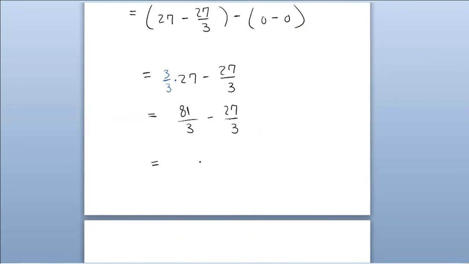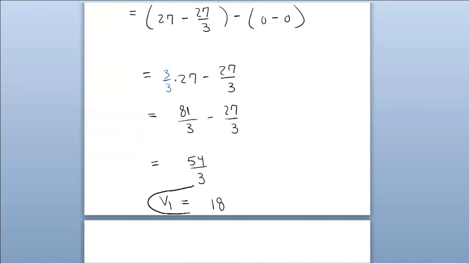So 81 minus 27 will be what? 54 over 3. Oh, and that actually is divisible by 3. Isn't that nice? So 54 divided by 3 is 18. Okay, so this is our answer for V1.